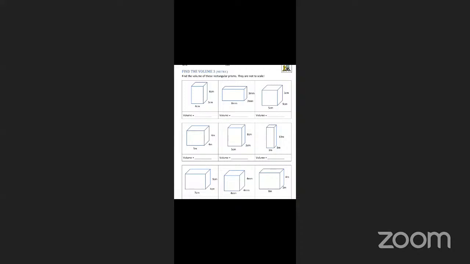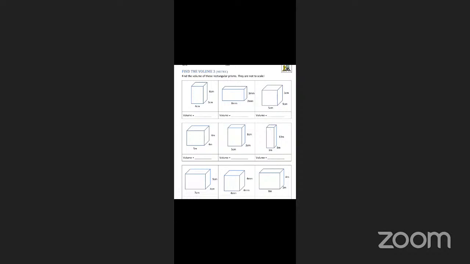So now we can do another. We were doing volumes and areas in our math last week, so I will share that with you. Okay, so we did this already.